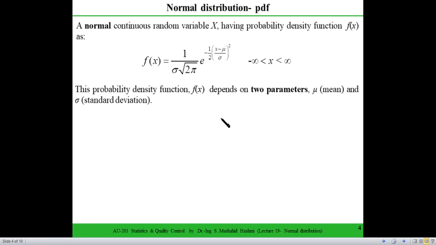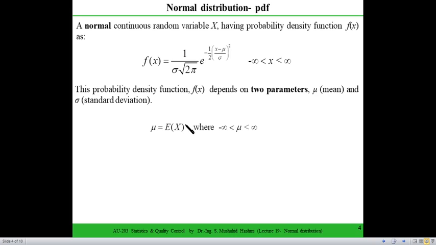So this distribution is called a two-parameter distribution. It is the same as we have already seen in a discrete distribution like the binomial distribution, which involves two parameters, the number of trials and the probability of success. Here the parameters are the mean and the standard deviation, and the mean is exactly the same as the expected value of x, where x is your random variable.